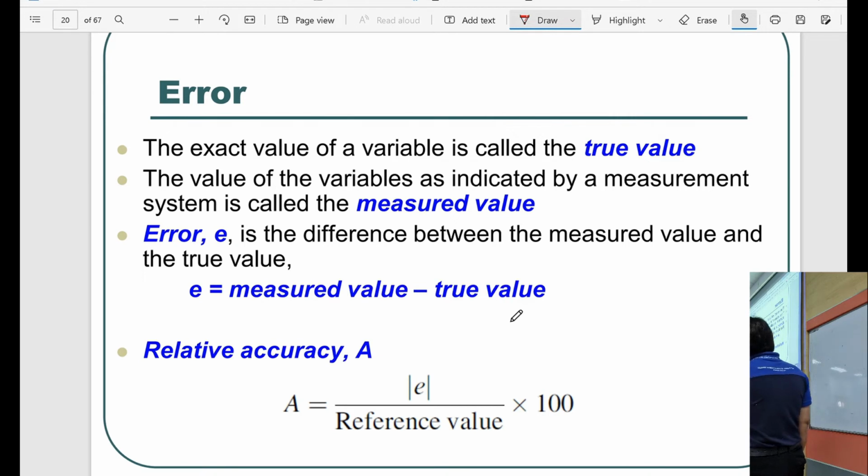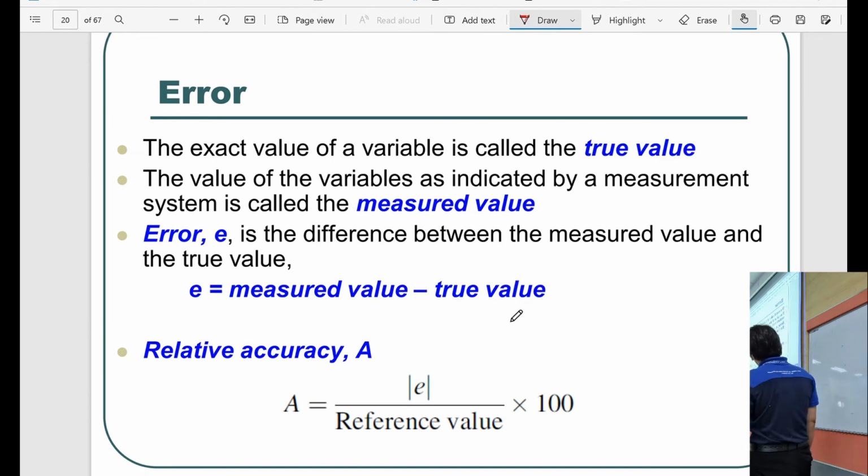True value sometimes is just the average of the whole set of values that we measured. Sometimes we already know the true value, and then we just subtract it from the measured value. That we call absolute error, because we subtract the true value from the measured value.